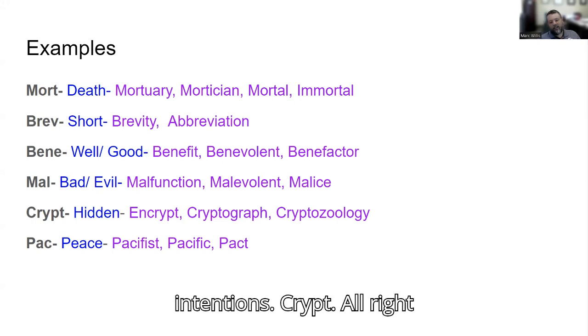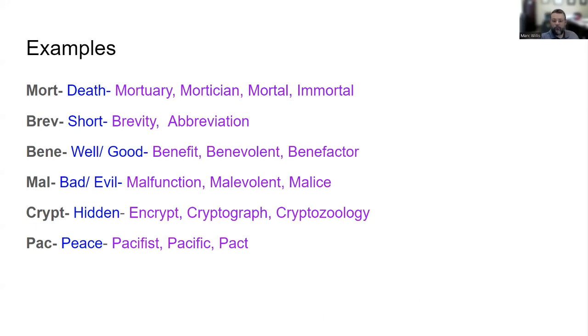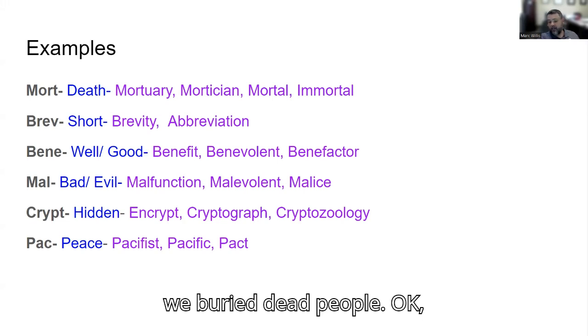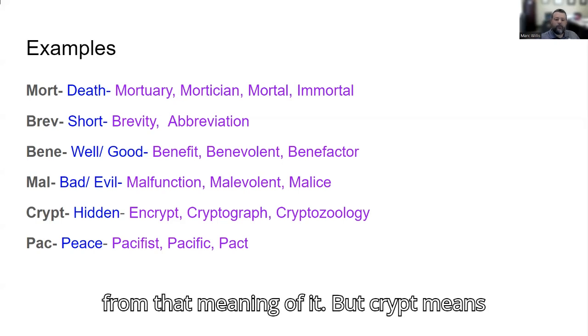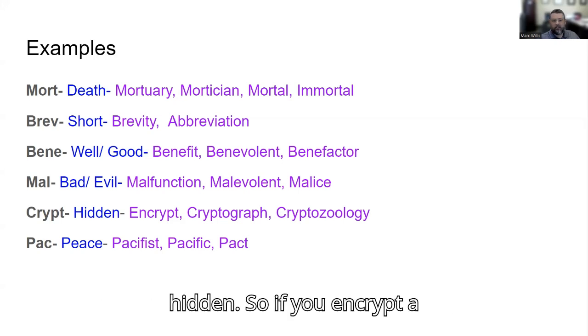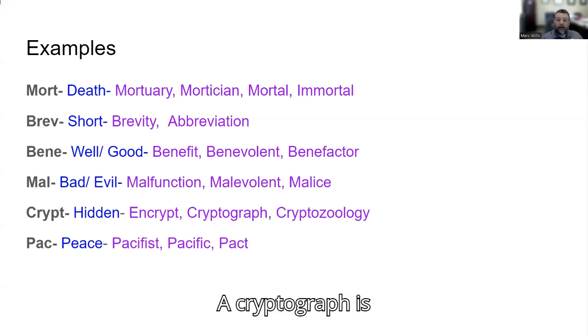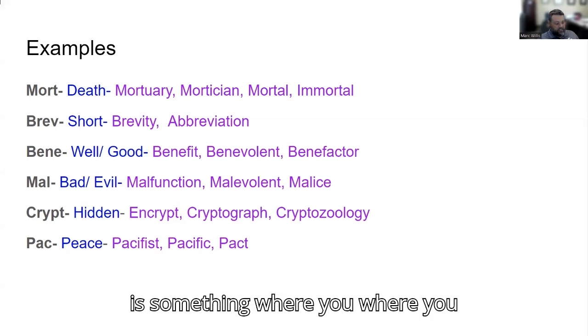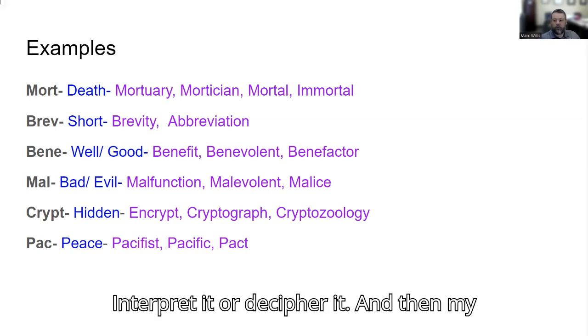Crypt. All right. Now, this one means hidden. You know, a lot of times you think of a crypt as somewhere where we bury dead people. Okay. So this is a little bit different from that meaning of it, but crypt means hidden. So if you encrypt a message, you hide that message. A cryptograph is something where you hide the message and people interpret it or decipher it.